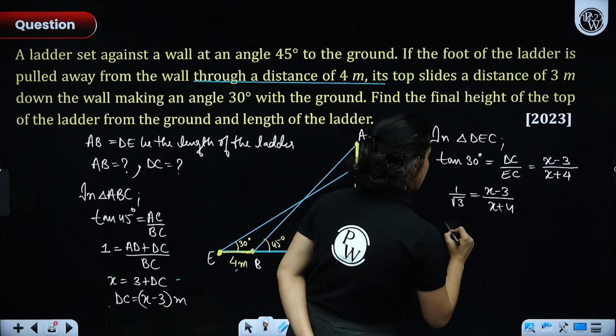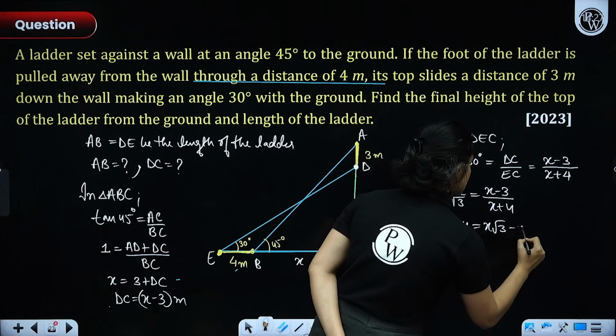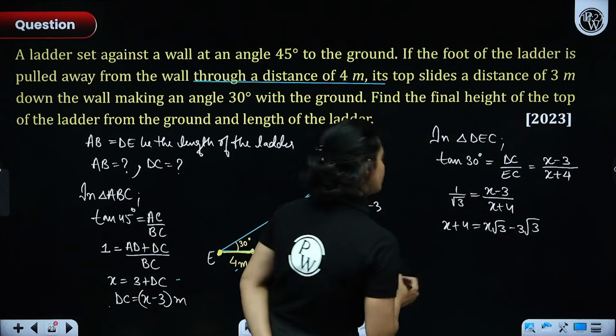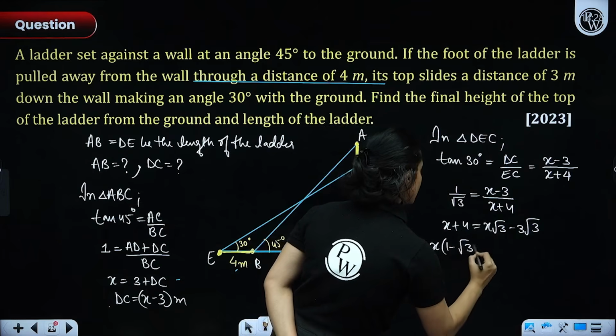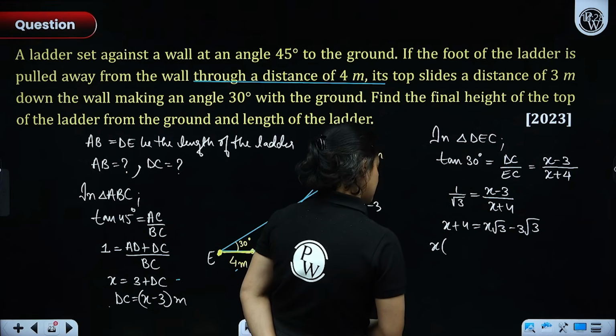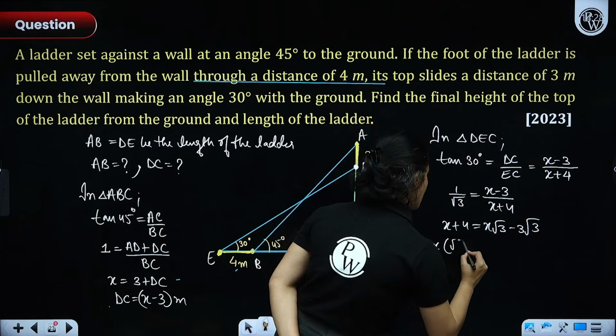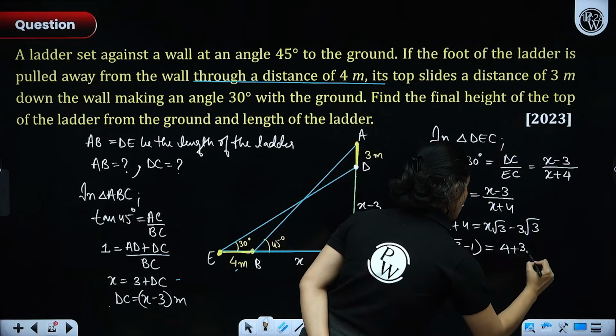Let's cross multiply, everyone. So x plus 4 is equal to x root 3 minus 3 root 3. Let's rewrite this: x times root 3 minus 1 is equal to 4 plus 3 root 3.